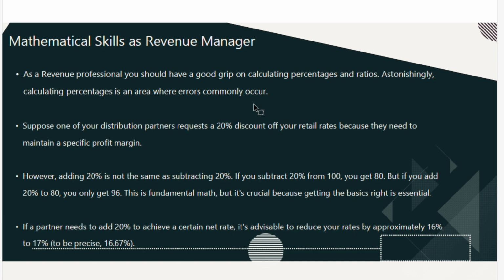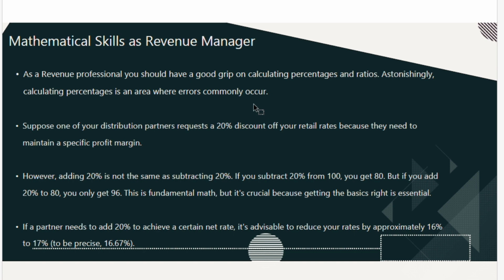This is very basic math, but it's very crucial when you are trying to calculate and confirm the offers or the discounts which the partners or anyone are requesting. So you have to be very cautious when confirming this. Now, for example, in this case, the partner is asking for 20% to achieve a certain net rate.